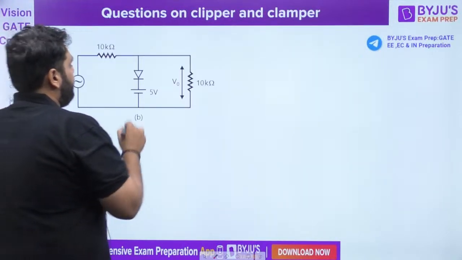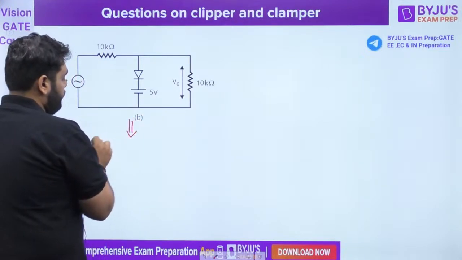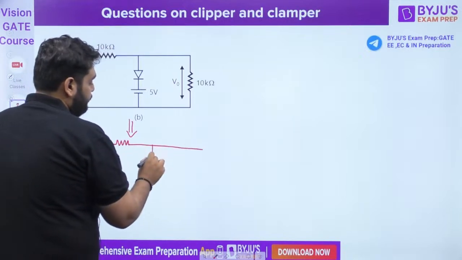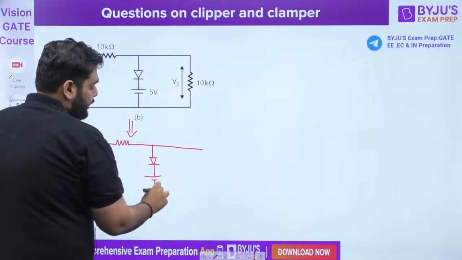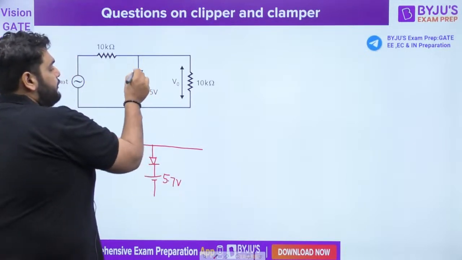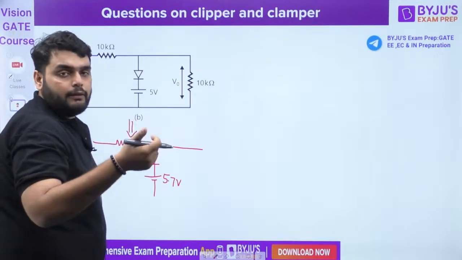So here you can see, first of all, I can convert the practical diode into an ideal diode. To convert a practical diode into an ideal diode, just replace the diode with a diode in series with a voltage source.